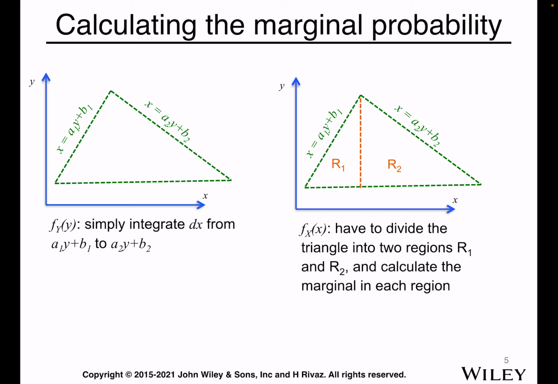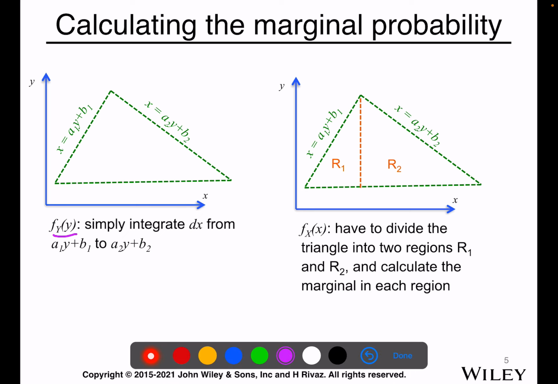Similarly, if we want to calculate marginal probabilities, if we want to calculate the marginal probability of y, we simply integrate with respect to x from this line to the other line.